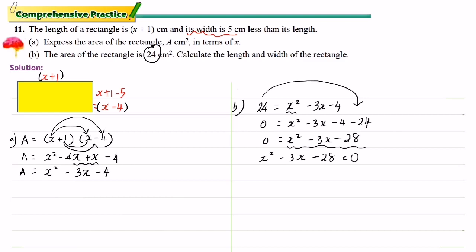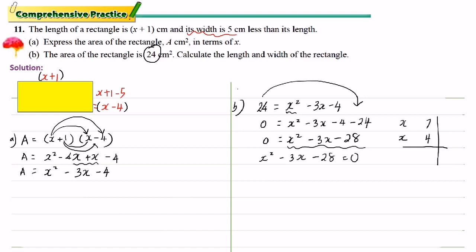And we factorize it. 7 times 4 equals 28, right?